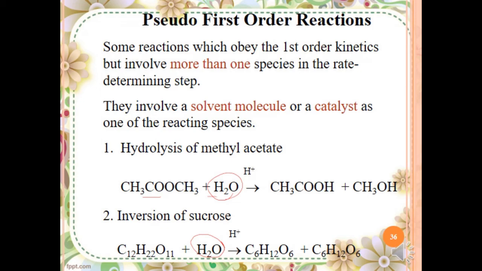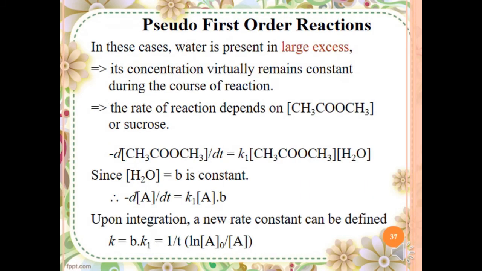One of the species is in very large amount, so that we can ignore it. Meaning the rate law is only depending on the other reactant. When the water is present in large excess, the concentration virtually remains constant.